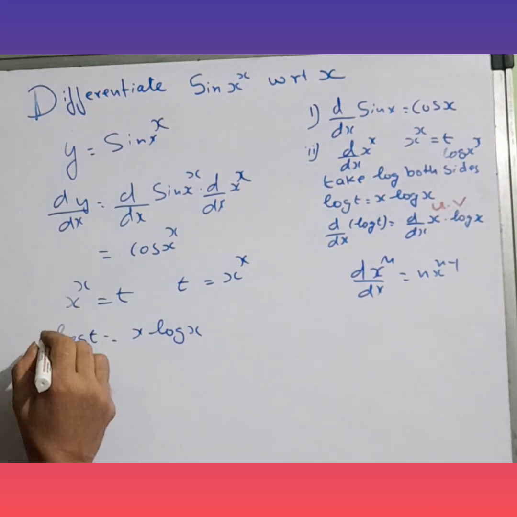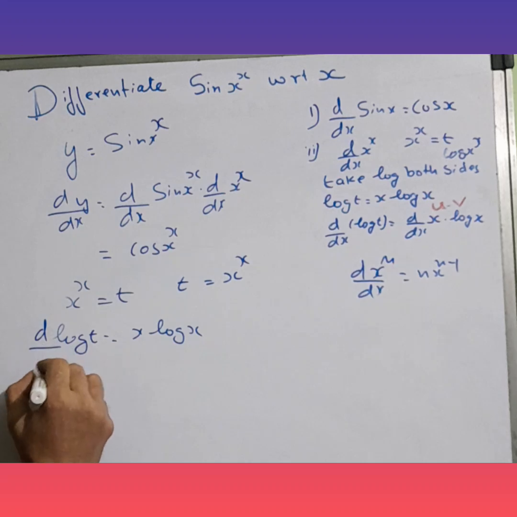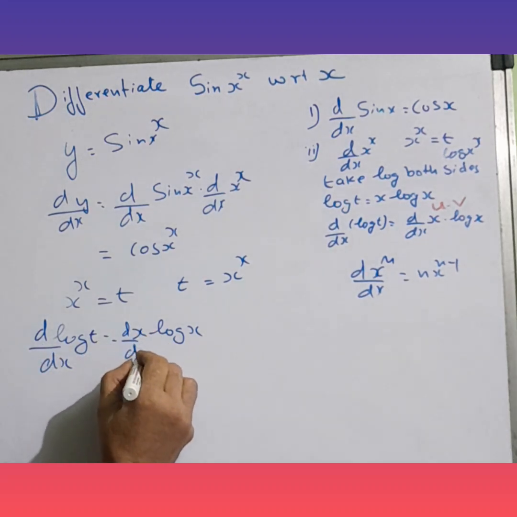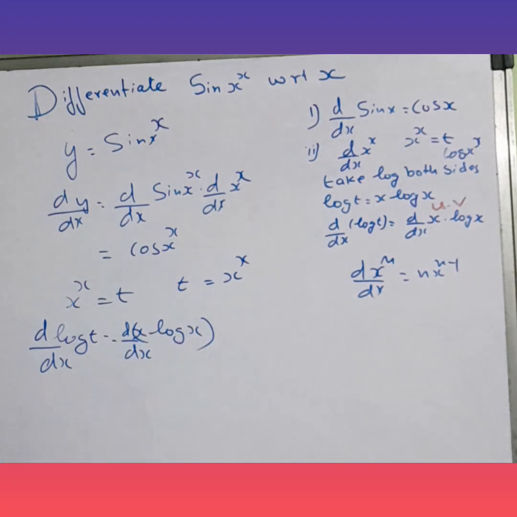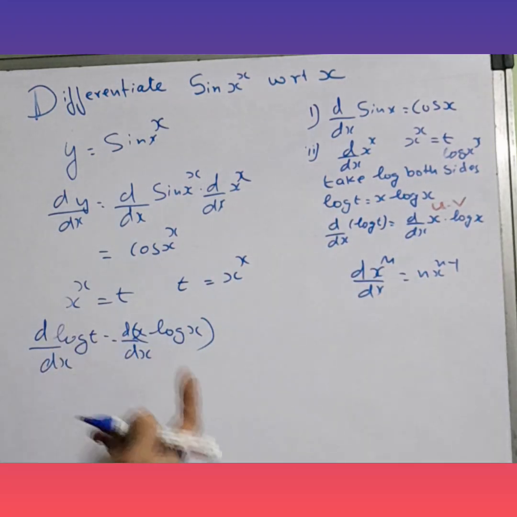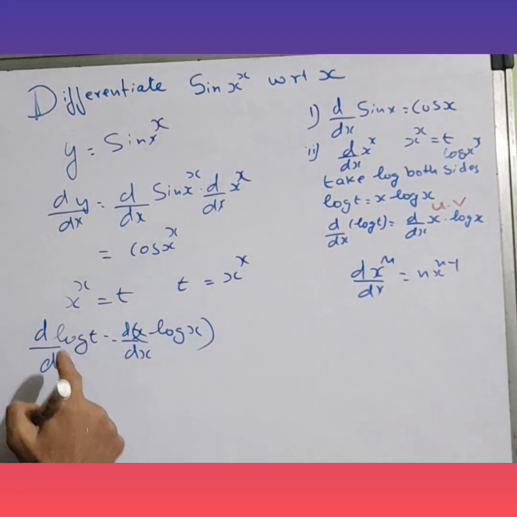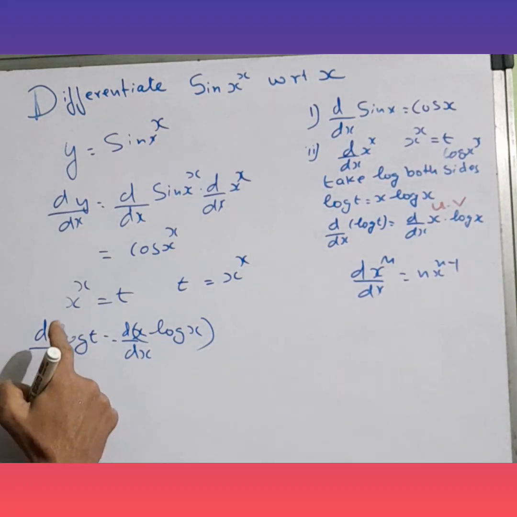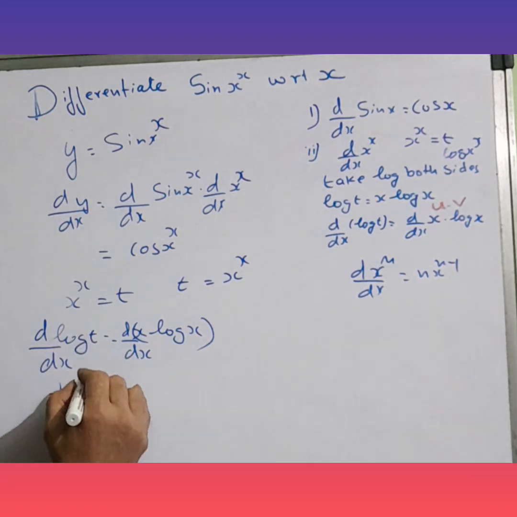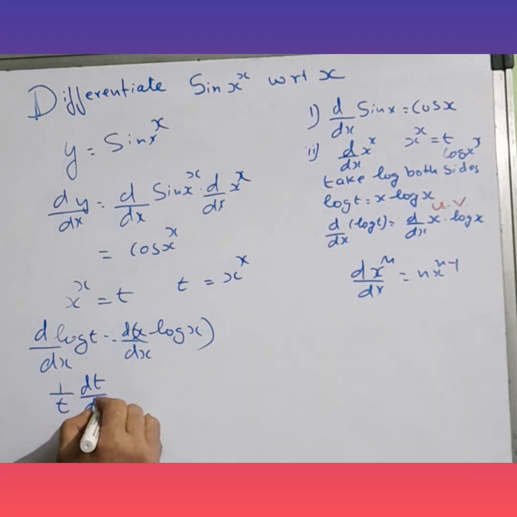Alright. Now I've got to differentiate this by d by dx, and this also I've got to differentiate, d by dx of x log x. Now it's uv. So if I do this, we know d by dx of log x is 1 by x, so here it would be 1 by t and dt by dx.